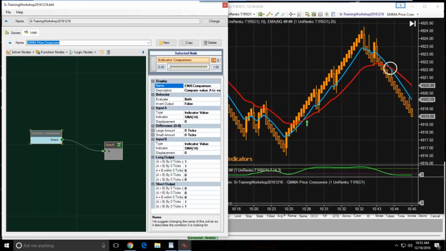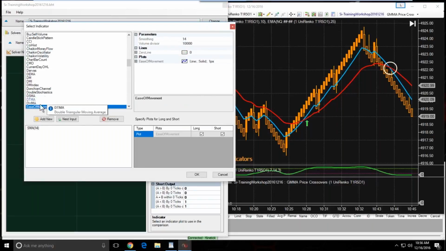So we're going to check to see if the EMA 10 is above or below the EMA 25. There's a name for this solver. Next, let's put the EMA indicator in there.